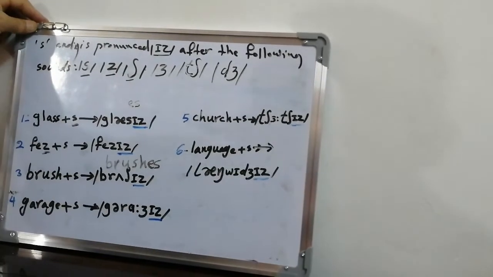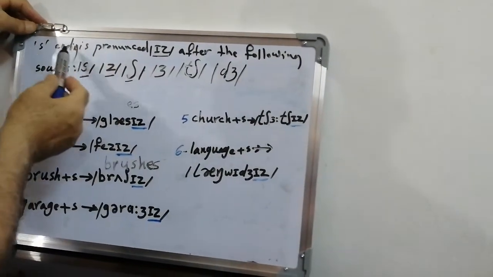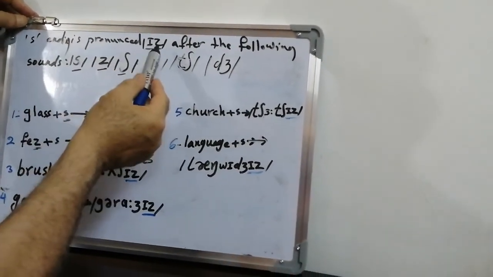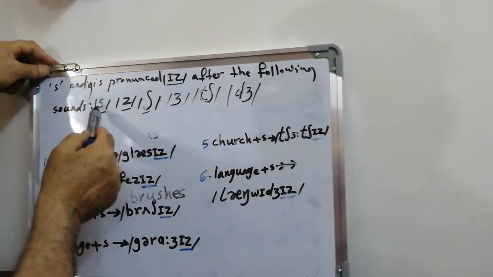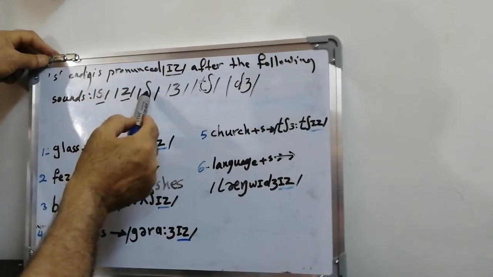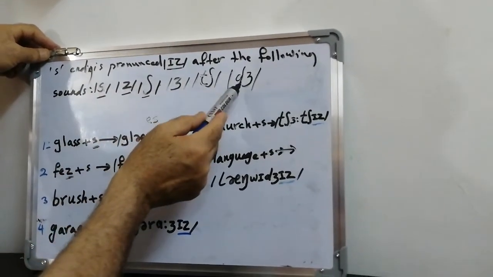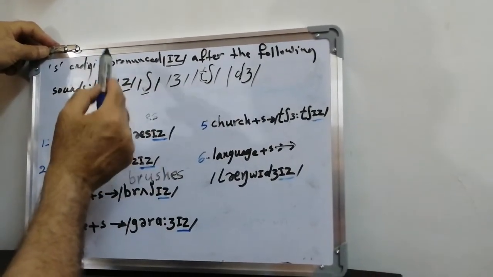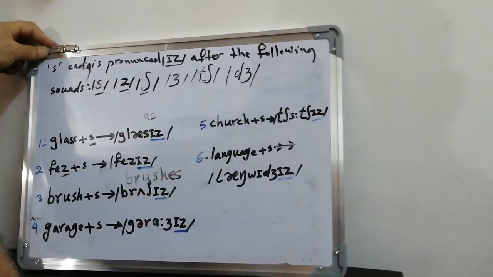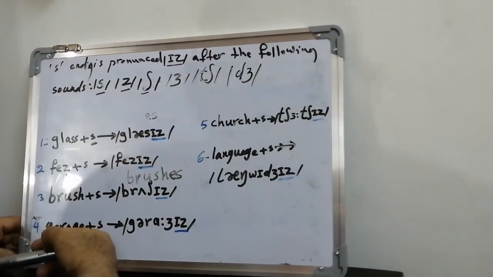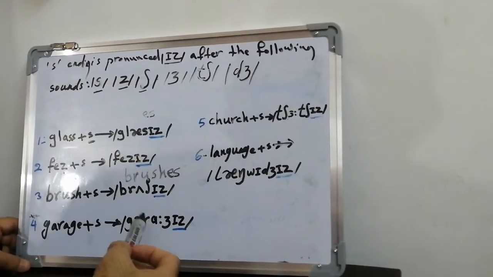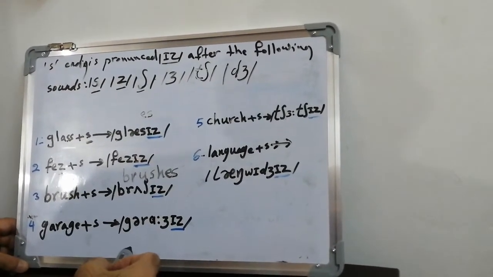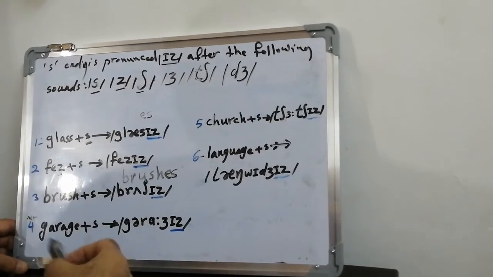Okay, right. And I repeat that the S ending is pronounced as is after the following sounds. Which ones? These: se, ze, she, je, che, and 1, 2, 3, 4, 5, 6 what? 6 consonant sounds, after which the S ending is pronounced what? As is. Keep this in mind.